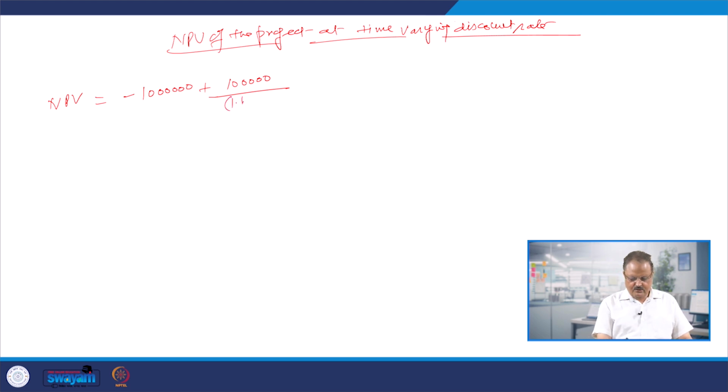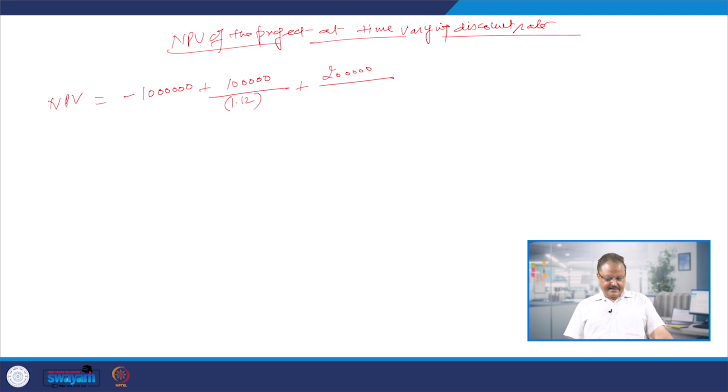So we are going to discount it at 12%, that is 1.12, plus second inflow is how much? Second inflow is 2 lakh rupees or 200,000 rupees. This you have to discount at some other rate, not simply 12%, 1.12, and it has to be time varying.